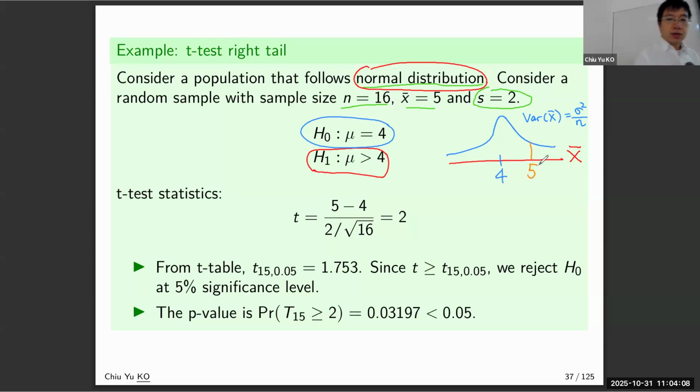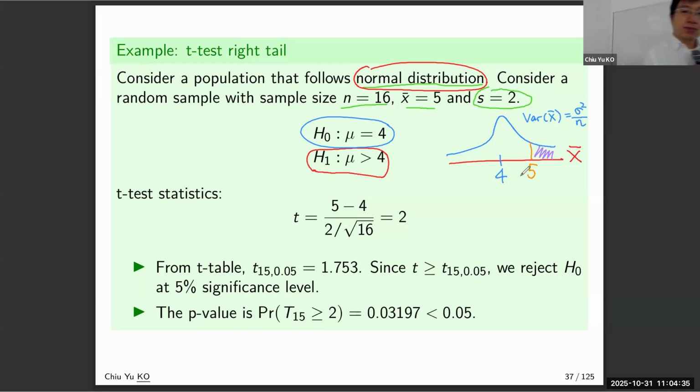So the question is, is 5 bigger than 4 enough that we will support H1 rather than H0? Based on our understanding of the Z test, we're asking, is this small enough to say they are far enough apart?